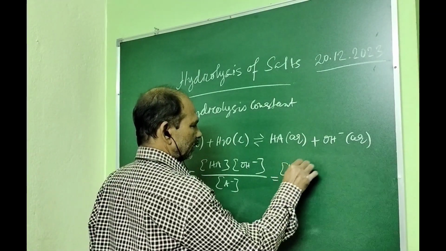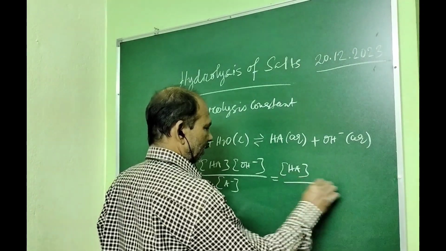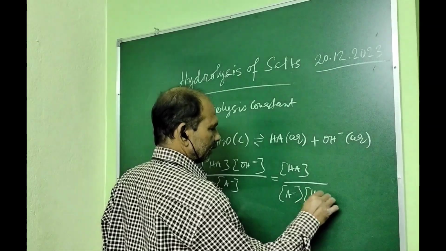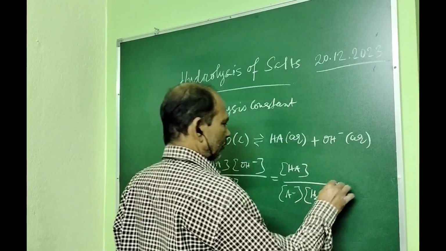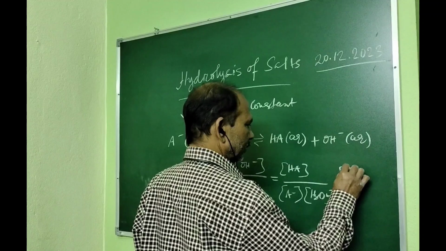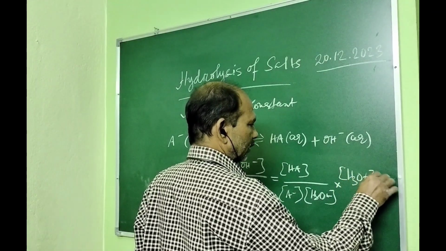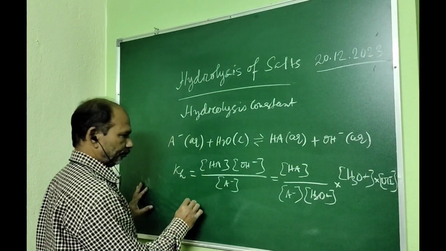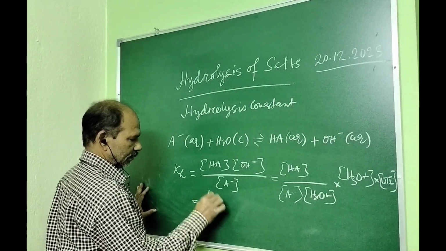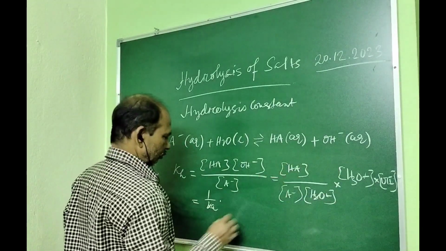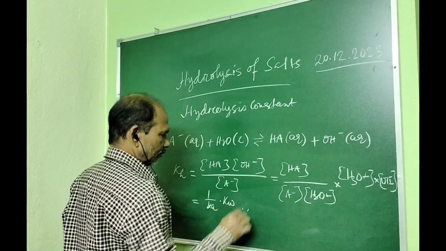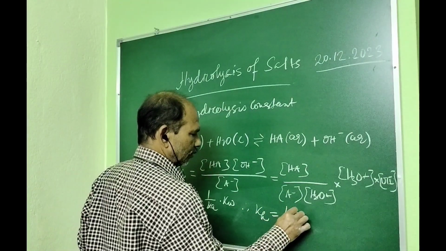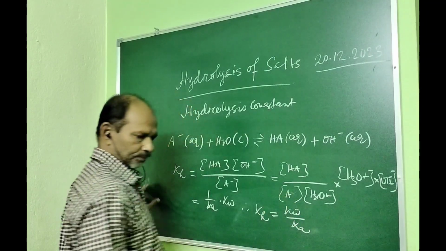So concentration of HA divided by concentration of A minus into concentration of H plus, into concentration of H plus into concentration of OH minus. So we get 1 by Ka into Kw. Therefore, the hydrolysis constant Kh equals Kw divided by Ka.